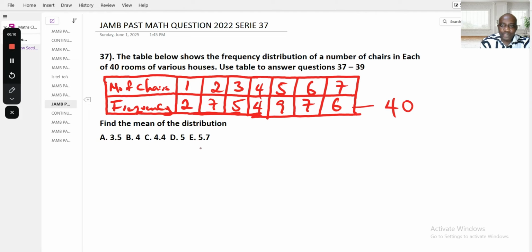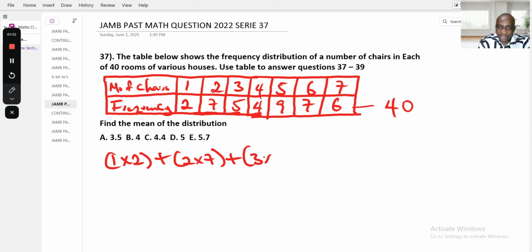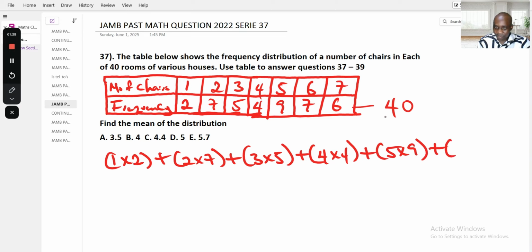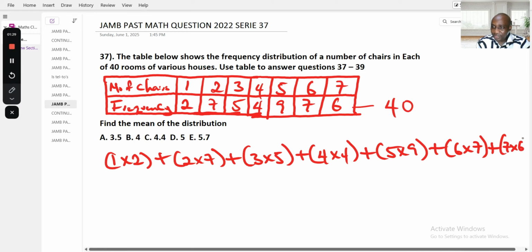Now, find the mean of the distribution. The question says we should find the mean. What you are going to do is just 1 multiplied by 2, plus 2 multiplied by 7, plus 3, this 3 number of shares, multiplied by the frequency, 3 multiplied by 5, plus 4 multiplied by 4, plus 5 multiplied by 9, plus 6 multiplied by 7, plus 7 multiplied by 6.